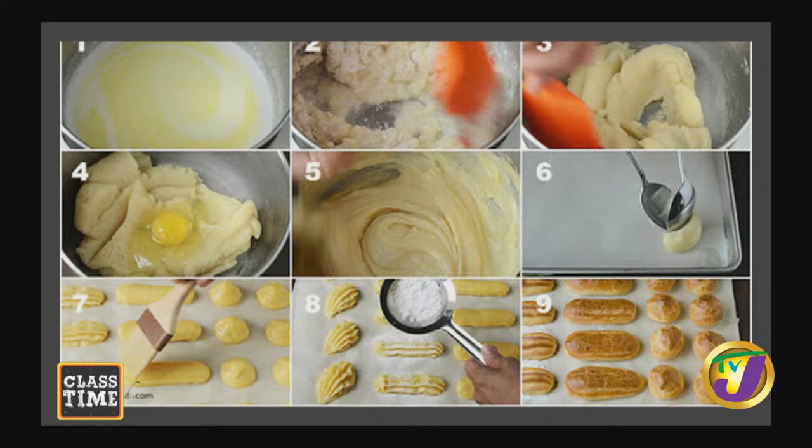Now, once the paste has been formed, you're going to cool the mixture slightly, because you don't want to scramble the egg. So you want to temper the egg, meaning that you want to bring the egg to the temperature of the mixture that you have there. By slightly cooling it, you add the egg, and you beat it in as quickly as possible.